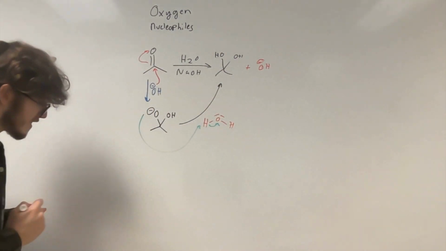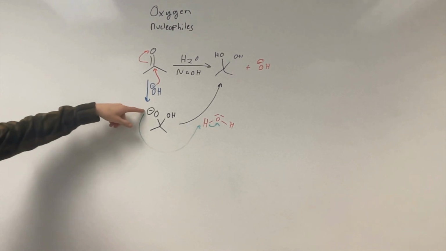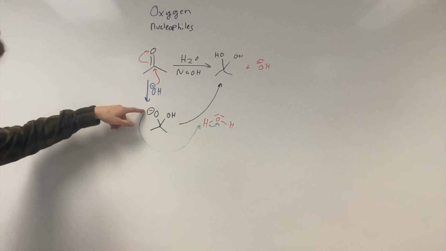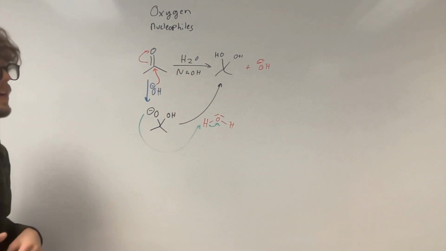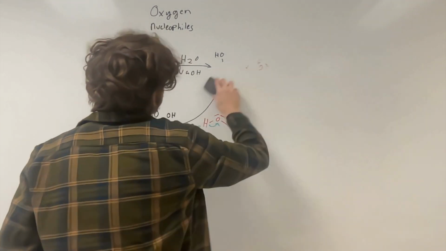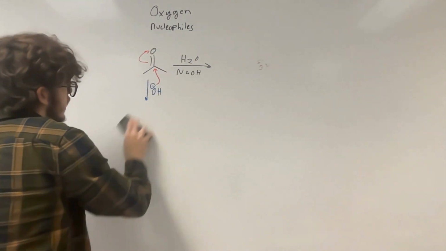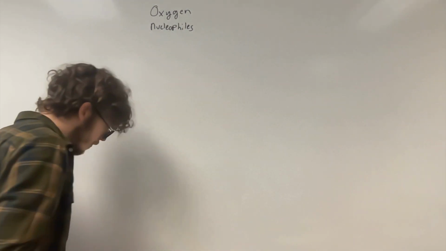So this is base catalyzed. Notice the mechanism. OH attacks, gives oxygen that negative charge. It does not like that. It can't revert itself. So it gets protonated, reforming base and forming a hydrate. That's hydrate formation.